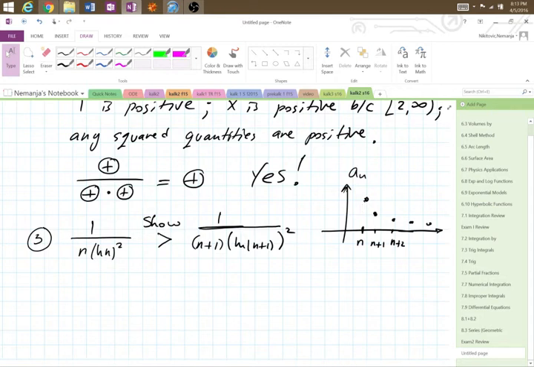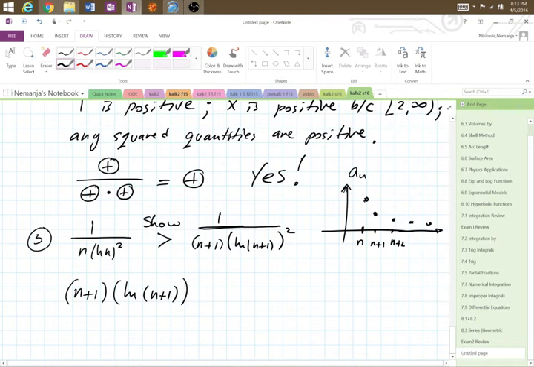So all we need to do is a little proof over here and check if this is true. Well, think about it, you just cross multiply. You have that (n plus 1) times (ln of n plus 1) squared needs to be larger than n times (ln n) squared.